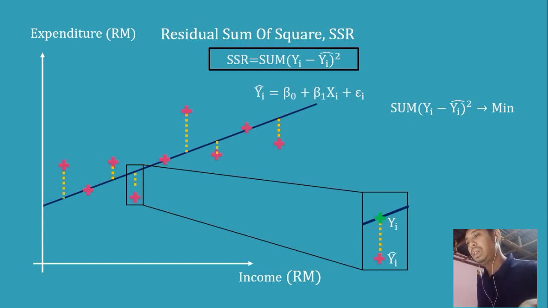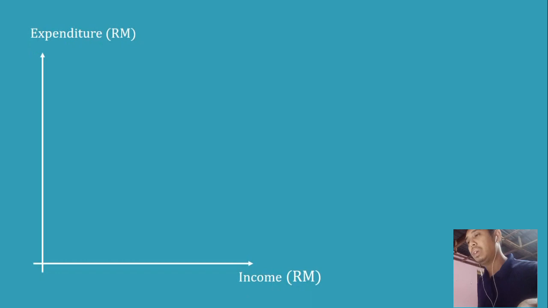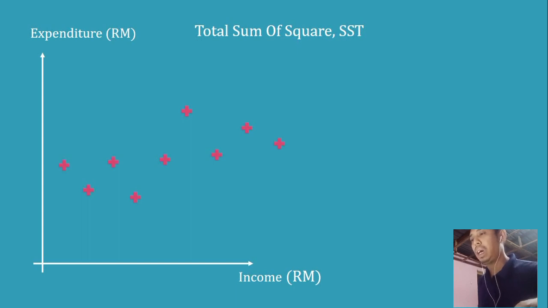Then we go to the other component of R square, which is the total sum of squares. Back to the plotted data, we consider the mean value of y, which is constant. The constant value creates a horizontal line across the graph.